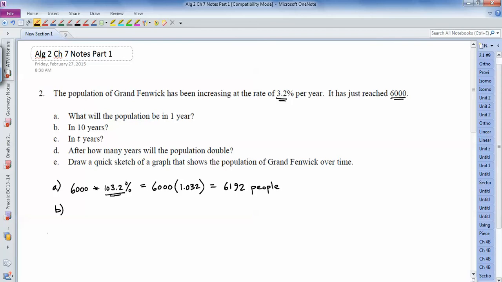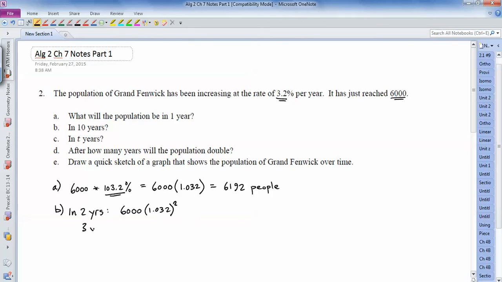Well, if you remember from the previous problem, the way to get the next year, like in 2 years, we would take 6,000 times 1.032, which is 6,192, and then we'd want 3.2% more of that, so we'd multiply it by another 1.032, which is the same thing as squaring it. So that would be in 2 years.